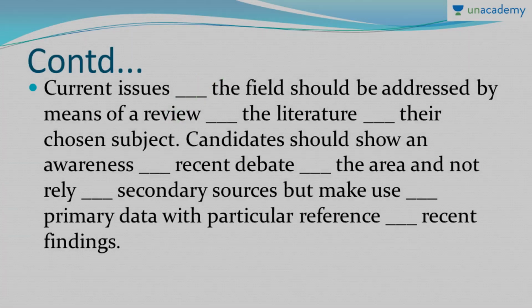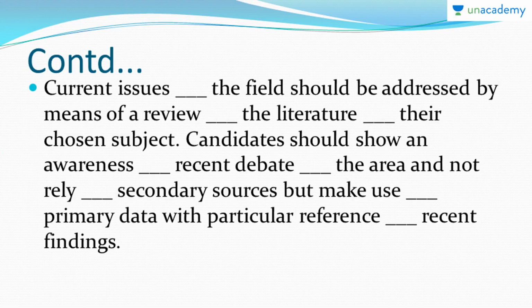So let's move on. It is a continuation of the same paragraph. Let's see what we have next. Current issues dash the field should be addressed by means of a review dash the literature dash their chosen subject. This may seem like a complex sentence, but no need to worry.